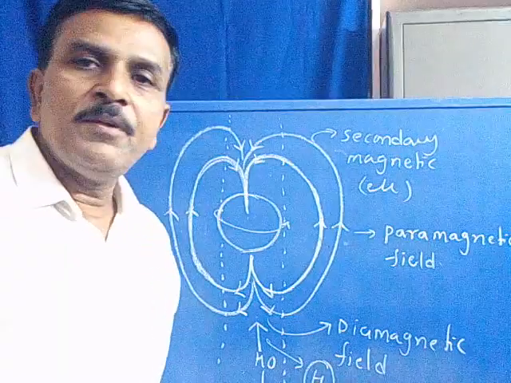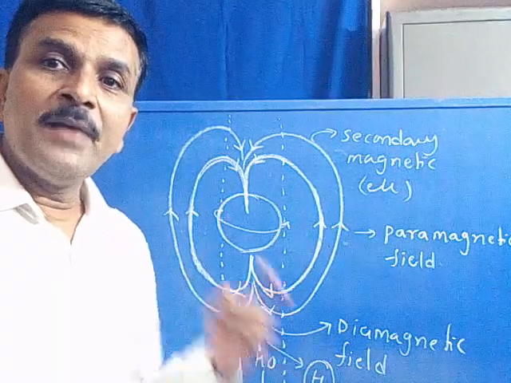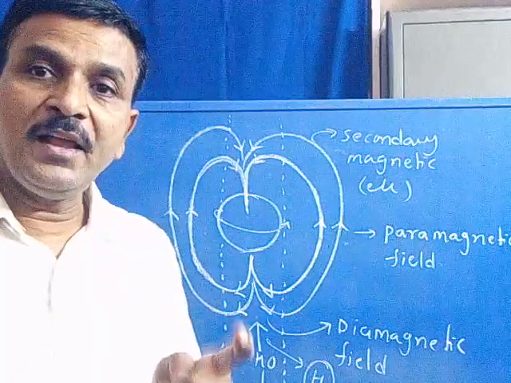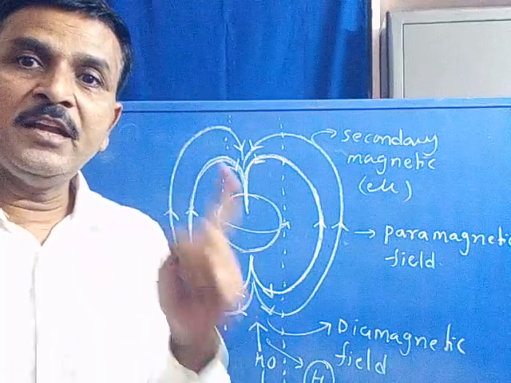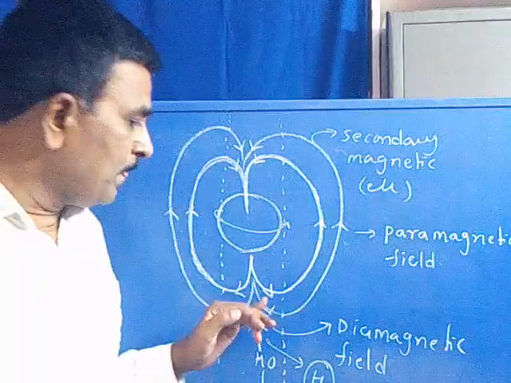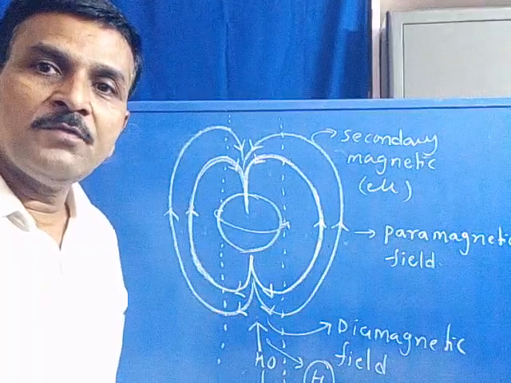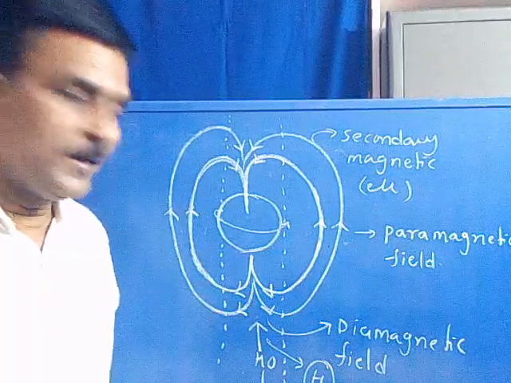If the protons of a molecule are situated in the diamagnetic field, there is a greater opposing effect between the secondary magnetic field and the applied magnetic field. Are you following?